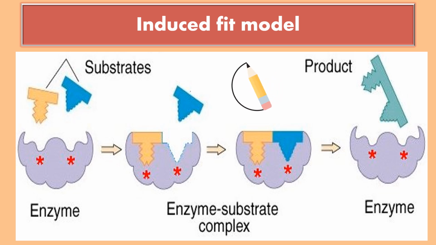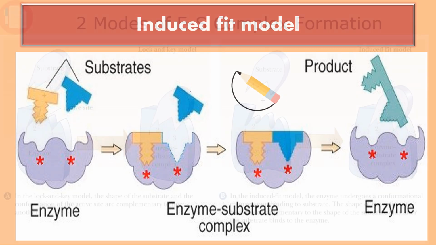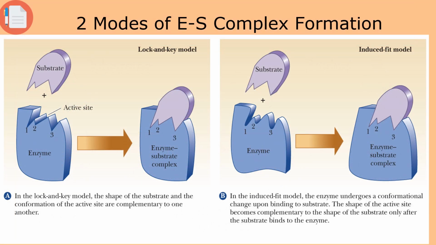In the induced fit model, we see that the enzyme alters its conformation. It brings about conformational changes on its surface, producing the enzyme substrate complex to hold the substrate and thereby release the products.